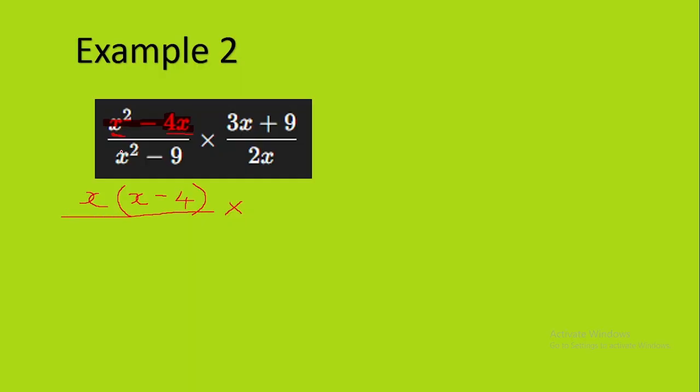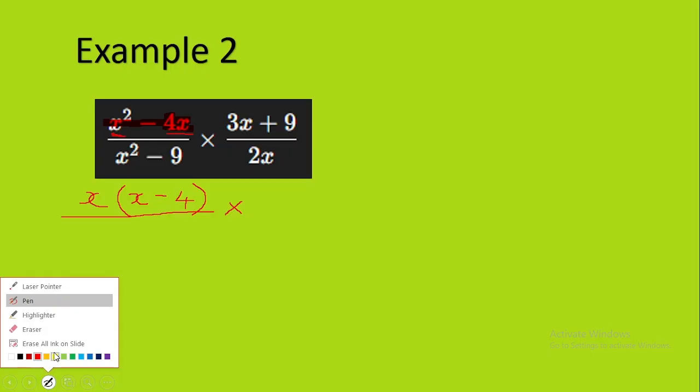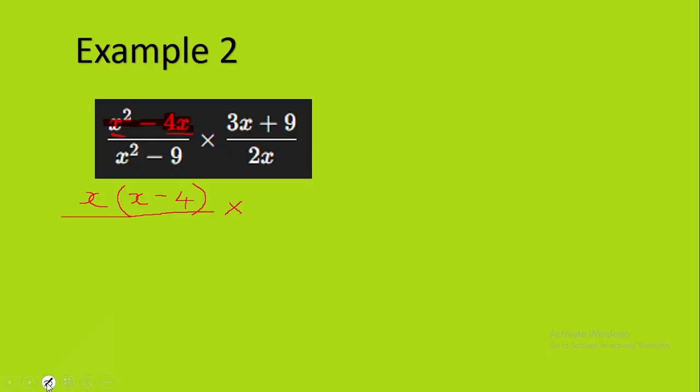For our denominator below the first fraction right here, let me just highlight it so you can see what I am talking about. So for the denominator right here, which is 9, and we have an x squared.